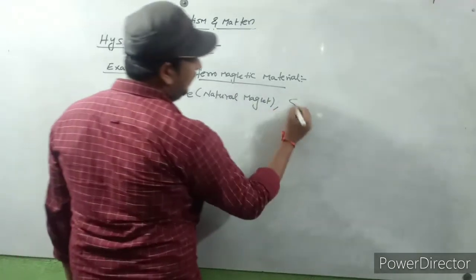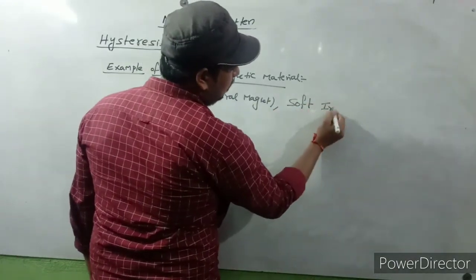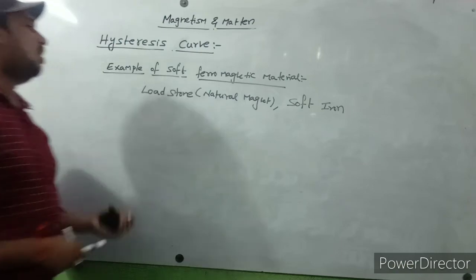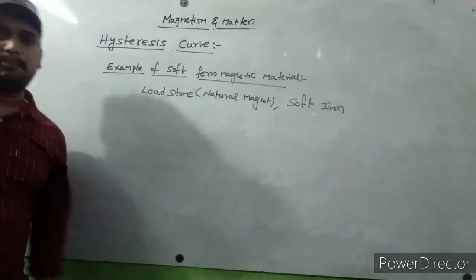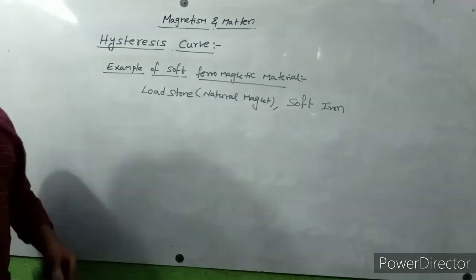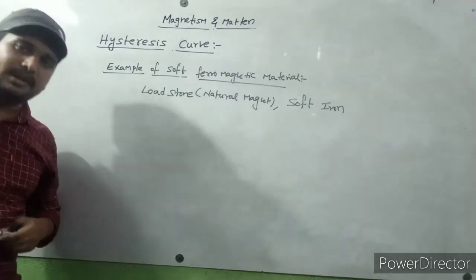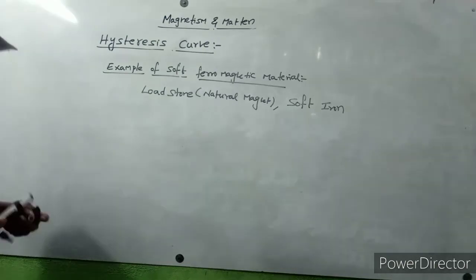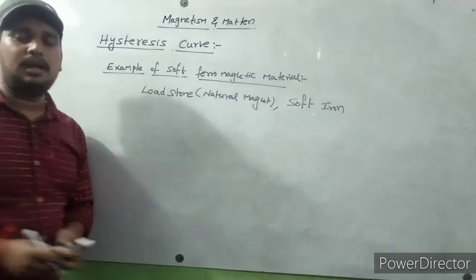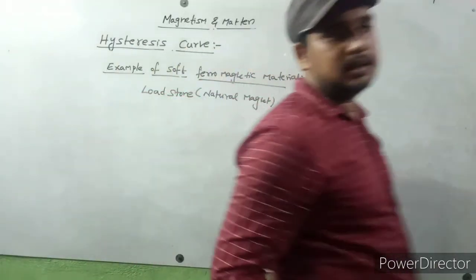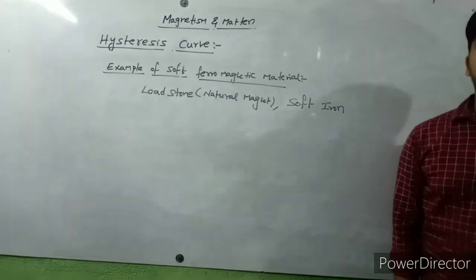Lodestone and soft iron. So soft iron and lodestone are the best examples for soft ferromagnetic materials. For hard ferromagnetic materials, the example is steel. Soft iron is used to make the core of transformers and the core of solenoids.